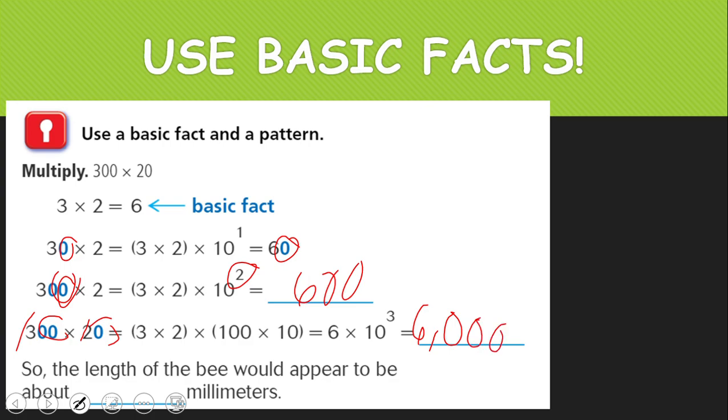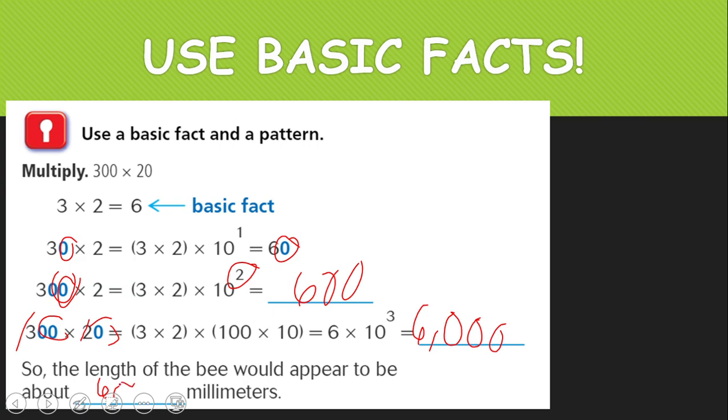Okay, so the length of the bee would appear to be about 6,000. I don't know what happened. Oh, okay. 6,000 millimeters. So that's really, really important to see. As you can see, you want to use your basic facts first, and this is showing you what is happening.